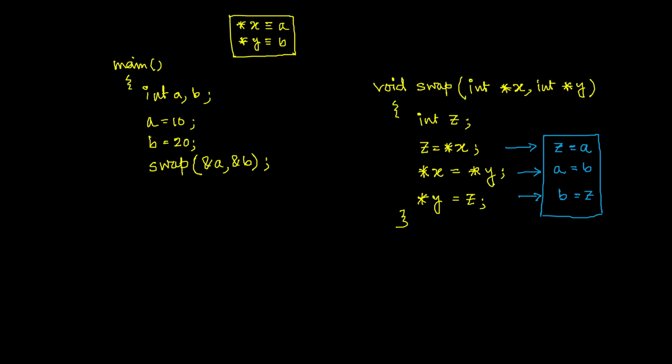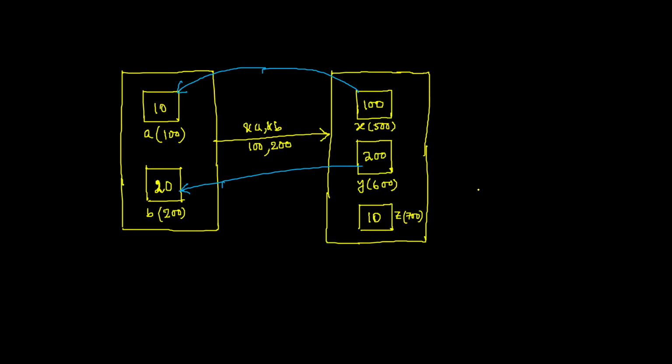Then pointer x equal to pointer y. Whatever is in pointer x will be replaced from pointer y, and pointer y means b, means 20. Pointer x means a, so this 10 will get replaced by 20.